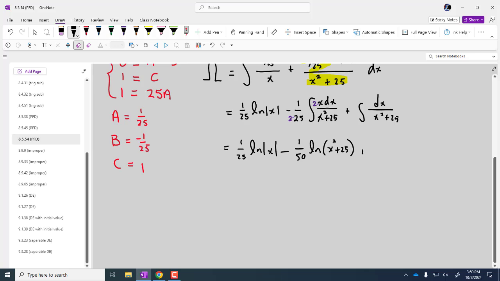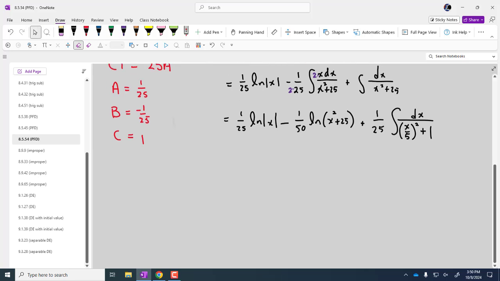This is an arctan here. I'll factor out the 25. Factoring out the 25 is going to leave us with x divided by 5, quantity squared plus 1. That'll be arctan of x over 5. So all that stuff's going to come down.